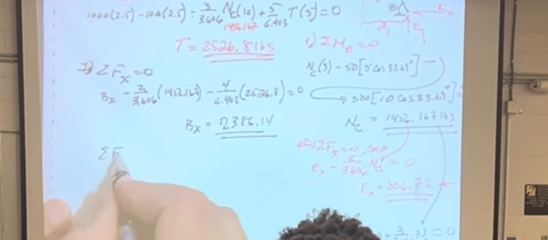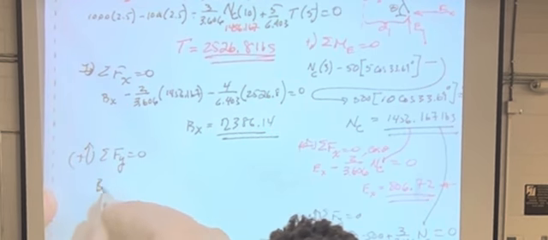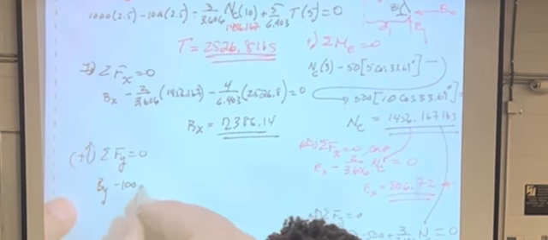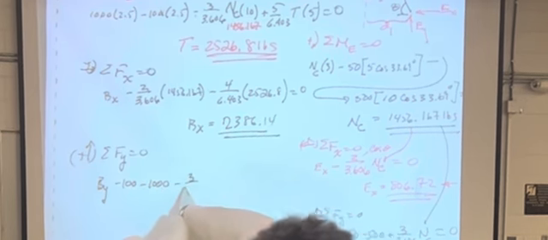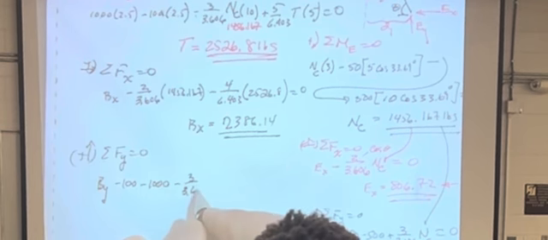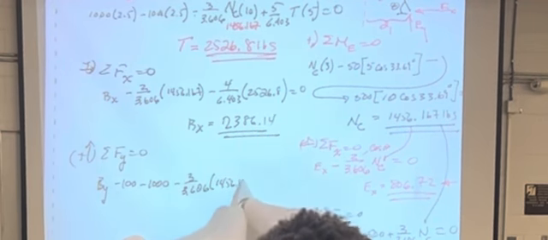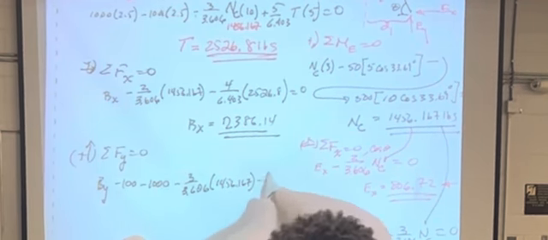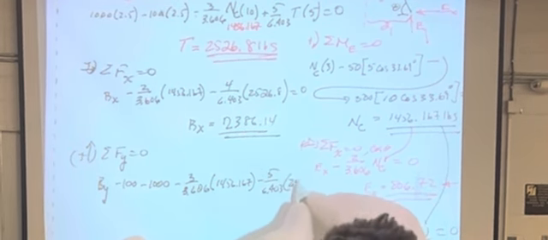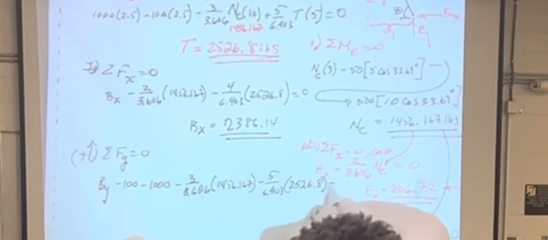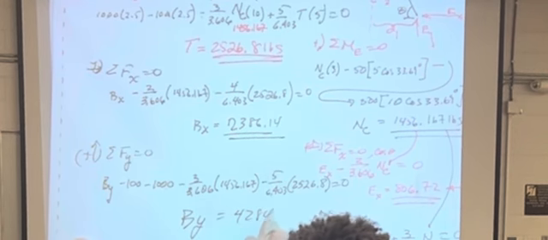And sum of forces in the Y equals 0, positive up. By minus 100 minus 1,000 minus 3 divided by 3.606 times 1456.167 minus 5 divided by 6.403 times 2526.8 equals 0. BY comes out 4284.6.